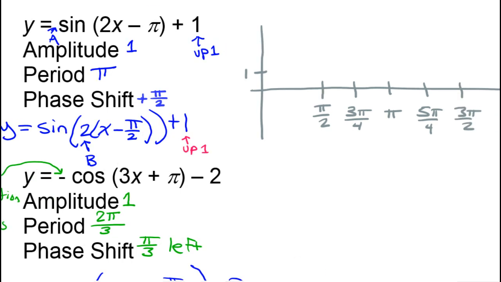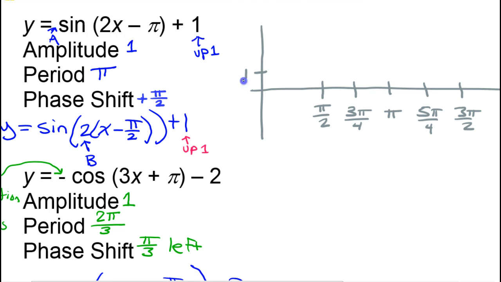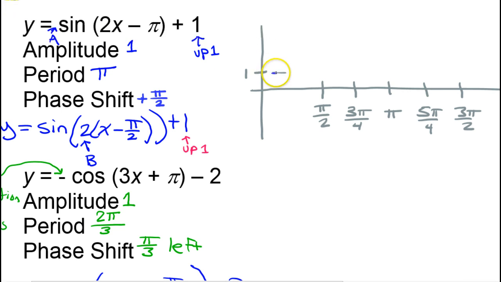What color should I use for the midline? I think I'll use the blue. Then this is going to represent the midline. Alright, there's my midline. Now the amplitude is still 1.